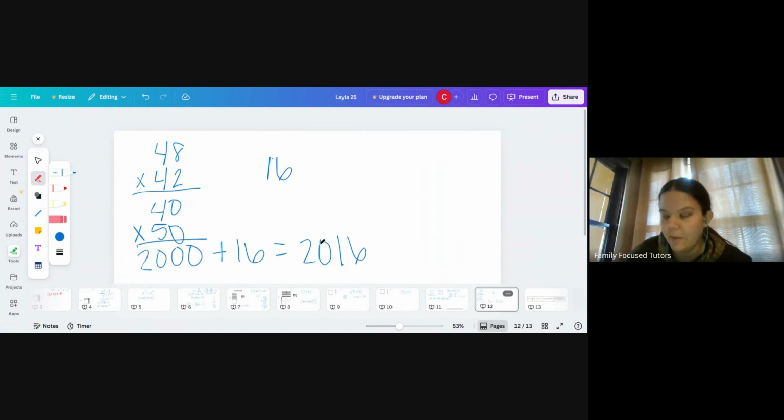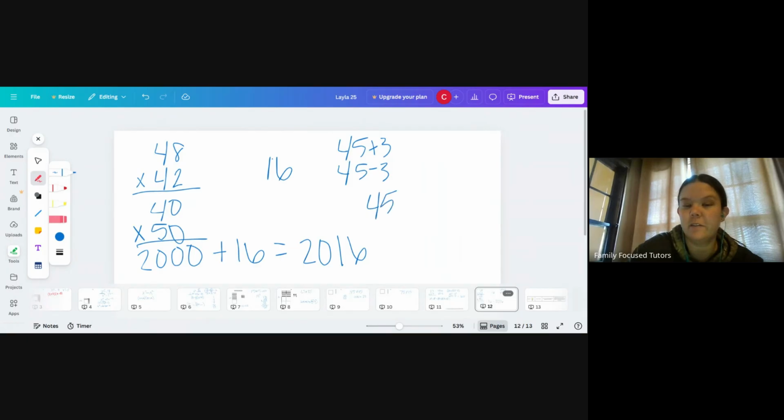Okay. This one we could also look at as difference of squares. So you could do 45 plus 3 and then 45 minus 3. So that would be 45 squared minus 3 squared. So 45 squared is 2025 minus 9, which gives us 2016.